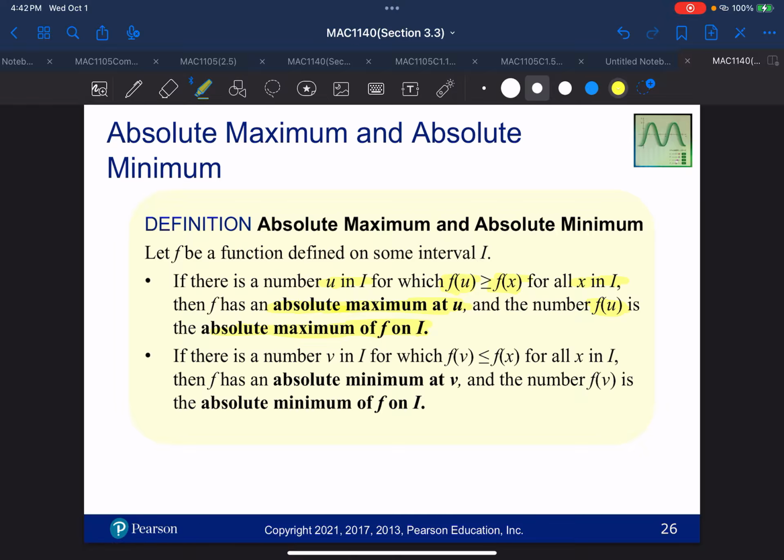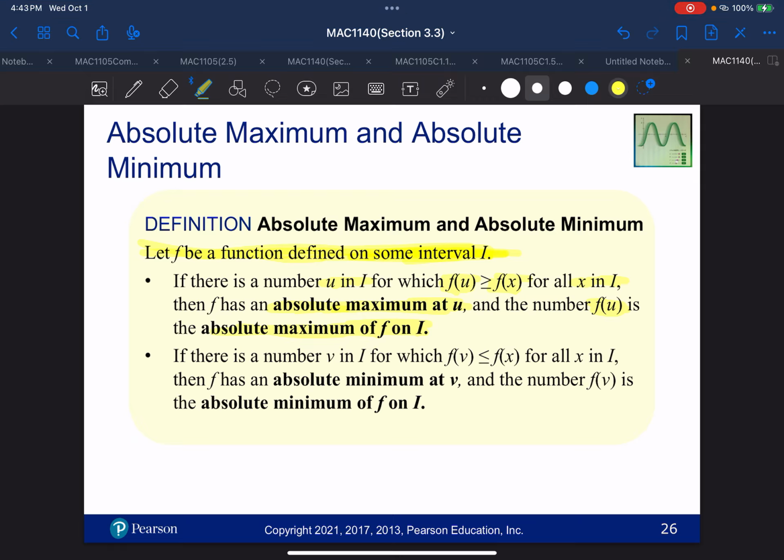So the difference here between the absolute and the local is that our interval I is going to include all the values of our function. So we're not just looking in a neighborhood of x values, we're looking at all the x values in our domain.